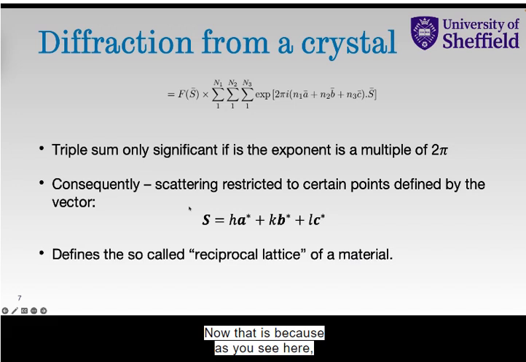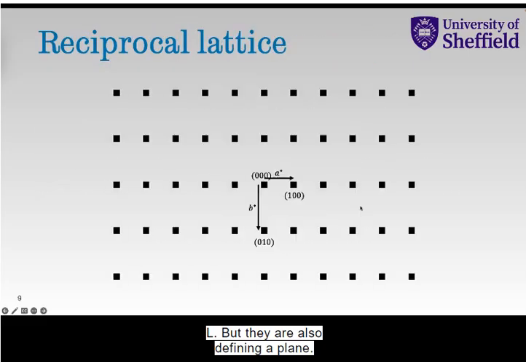Now that is because, as you see here, we've labelled this as H, K, and L. These are my integers of my reciprocal lattice vectors H, K, and L, but they are also defining a plane. This (1, 0, 0) is defining the (1, 0, 0) planes off which I am getting diffraction occurring in order to produce that diffraction spot.